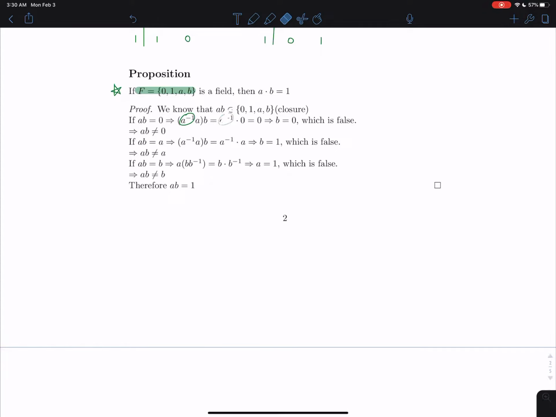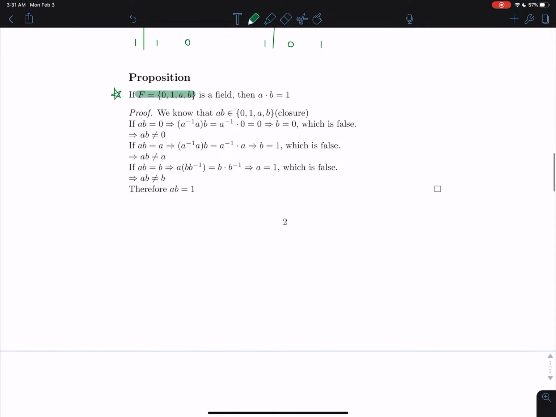It has to be the same side. So you multiply the reciprocal of a on both sides, and eventually you should get b equals 0, because this will give you 1, this will give you 0, and 1 times b is b, which is 0.